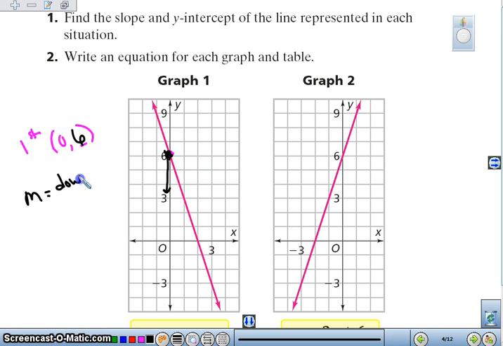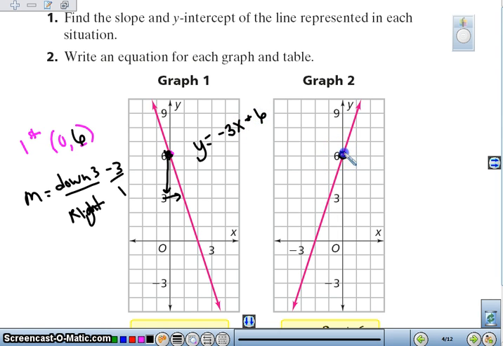As I go down 3, that's a negative 3. Then I'm going to the right 1. Since I go to the right 1, that's a positive 1. So at this point, I can look at my equation, and my equation for graph 1 is going to be y equals, which you see below, negative 3x plus 6.